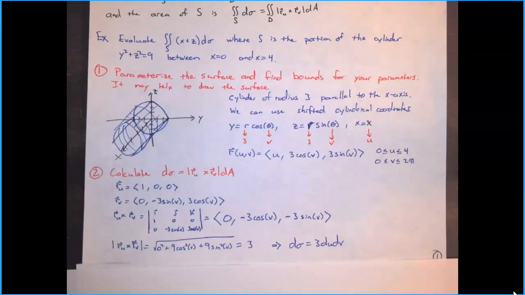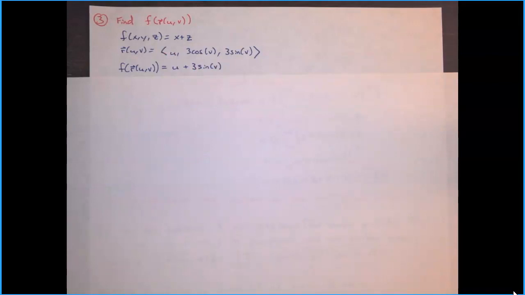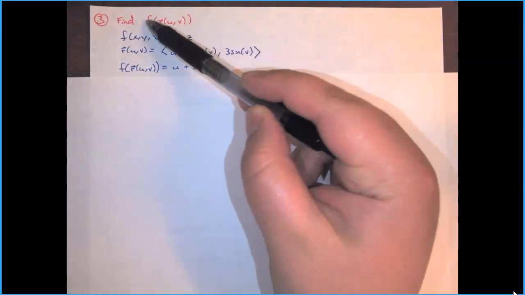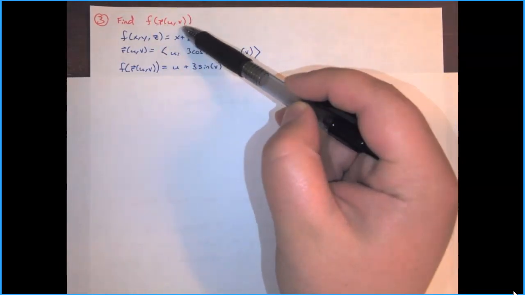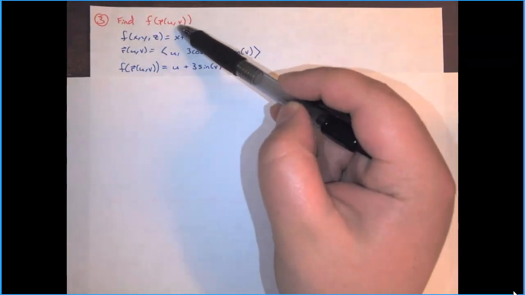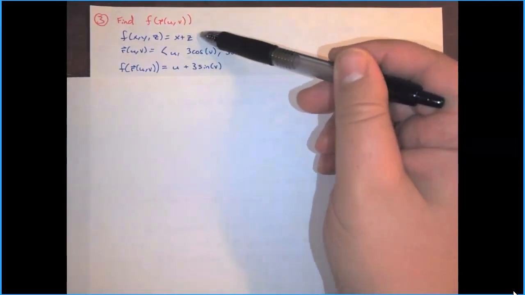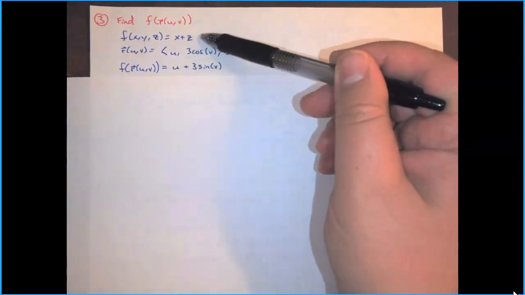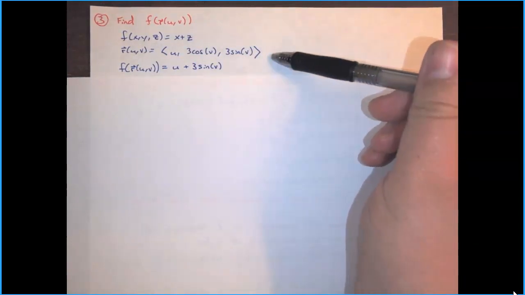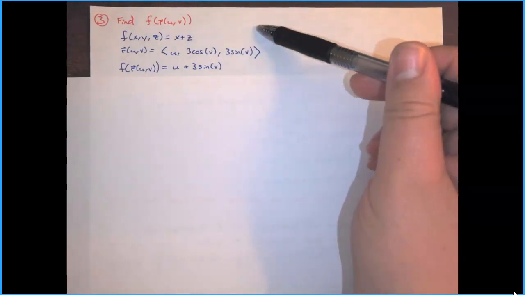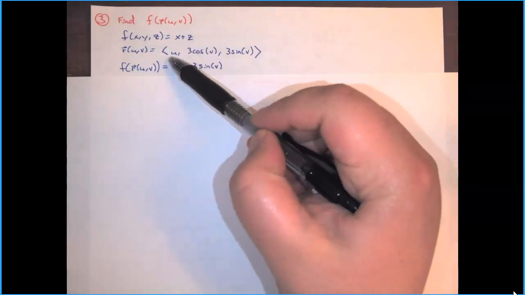Okay, moving on. Our next step, now that we've found the surface area element, is to see what our function is on the surface. How do we define this function just on the surface? We plug the parameterization into our function. Our original function was x plus z. Our parameterization is u, 3 cosine v, 3 sine v. Wherever I see an x, I put u.